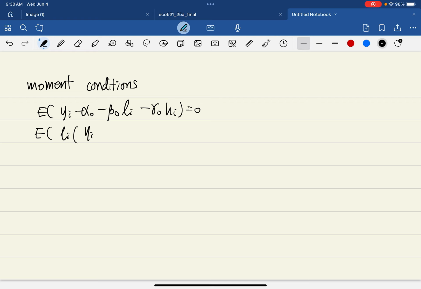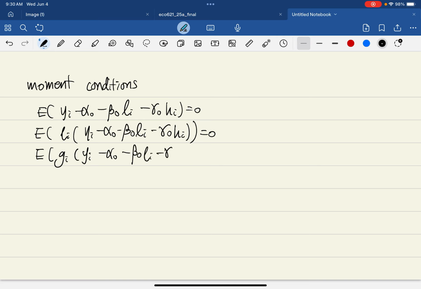And yi minus alpha 0 minus beta 0 li minus gamma 0 hi is 0. This is uncorrelated with L. And finally, we use gi as another moment condition. Okay, so these three moment conditions are used to identify three parameters.